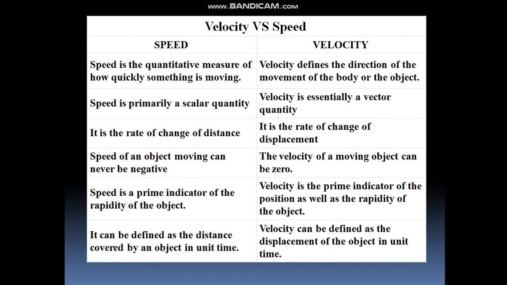Now, speed is defined as the distance covered by an object in unit time, whereas velocity can be defined as the displacement of the object in unit time. Basically, you need to remember that speed is a scalar quantity, velocity is a vector quantity. Velocity is simply speed along with direction. The units for both are going to be the same.